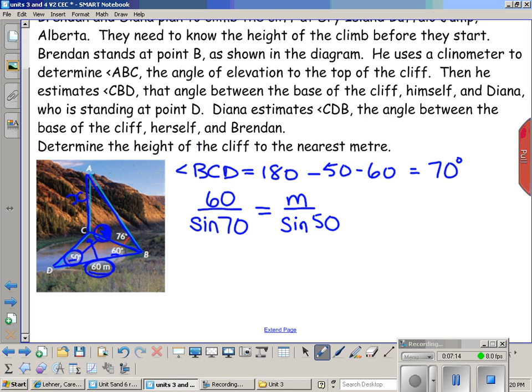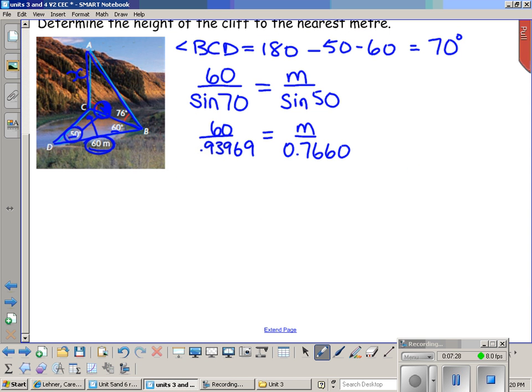So sine of 70 is 0.93969. Sine of 50 is 0.7660. Do our cross multiplication. 45.96 equals 0.93969 m.